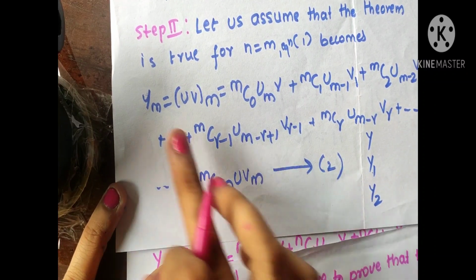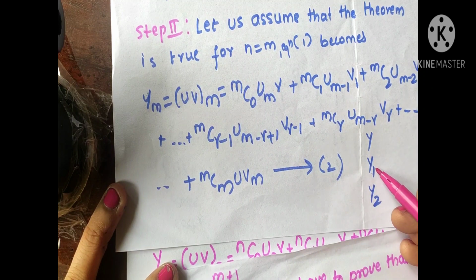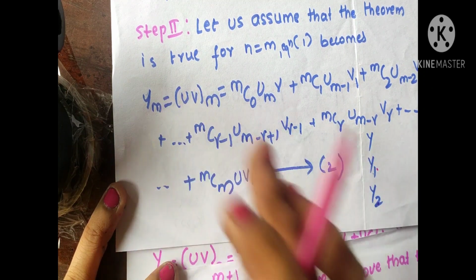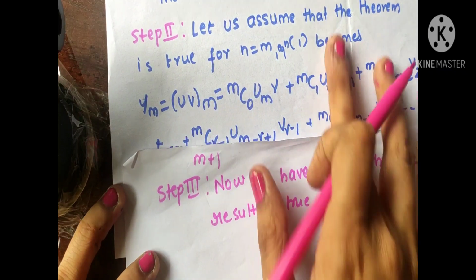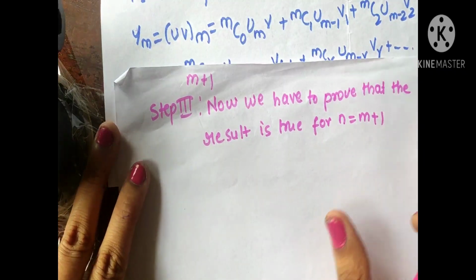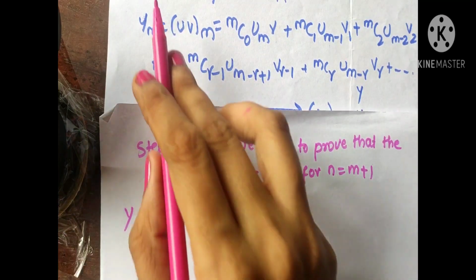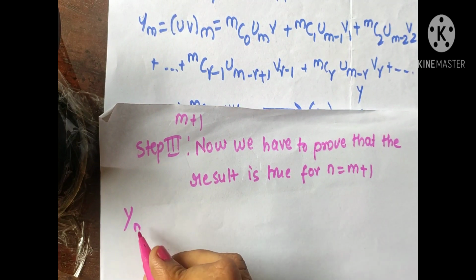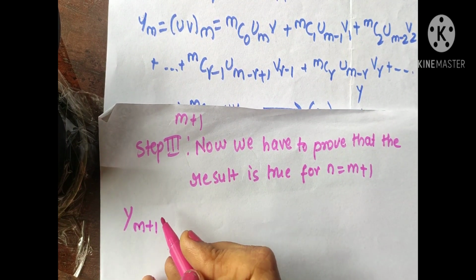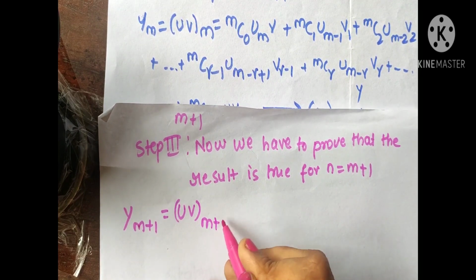If you differentiate equation 2, you are getting ym plus 1, because when you are differentiating y1, you are getting y2, right? So here if you differentiate, this becomes what? So differentiate ym. So you are getting ym plus 1 equal to uv into m plus 1.